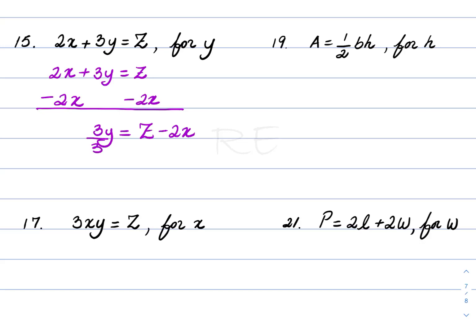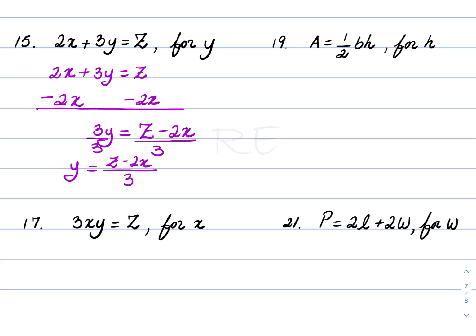Then we'll divide both sides by 3. Therefore, y is equal to z minus 2x over 3.